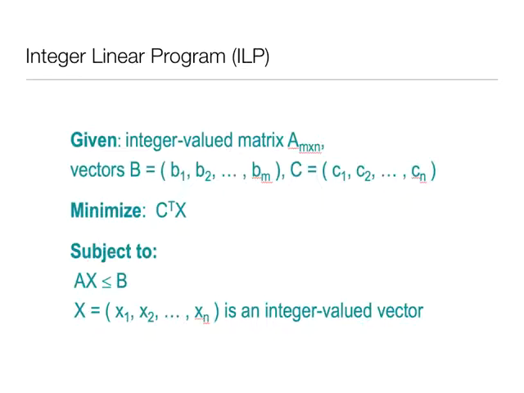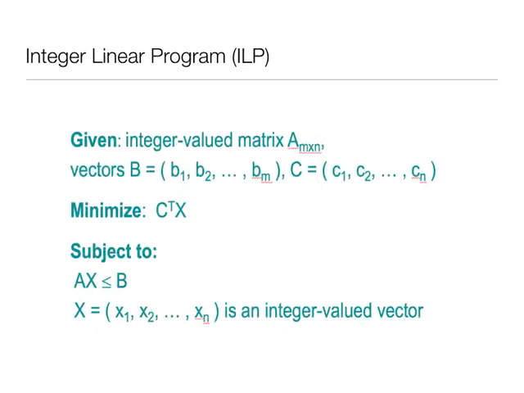And the basic idea is I have a matrix A of some size n cross n, which is integer valued. In a standard linear program, it's real valued. I have a vector b and a vector c, and my goal is to minimize c transpose x, which is basically saying I have a cost function. x is a vector of variables.